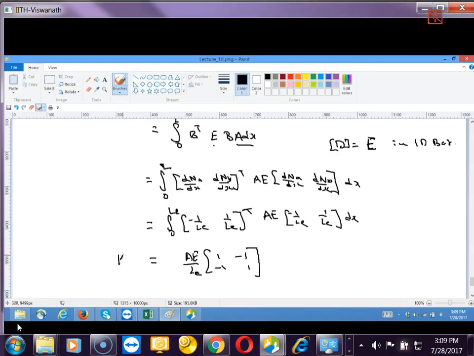So this is the K matrix or the stiffness matrix for one element.